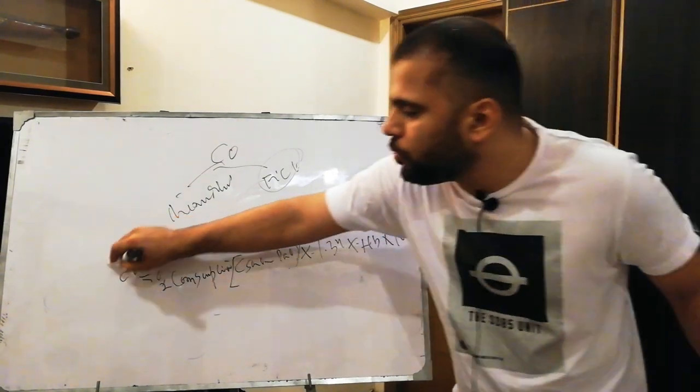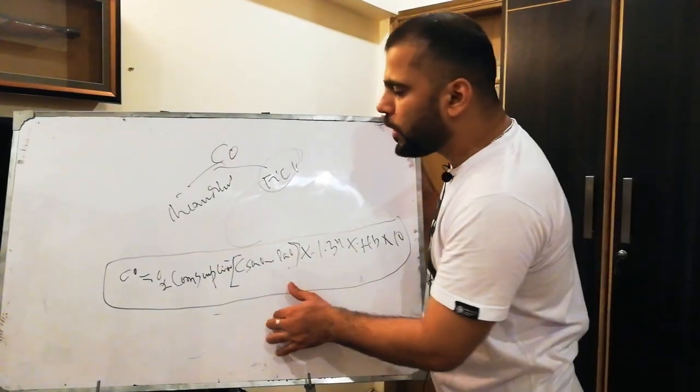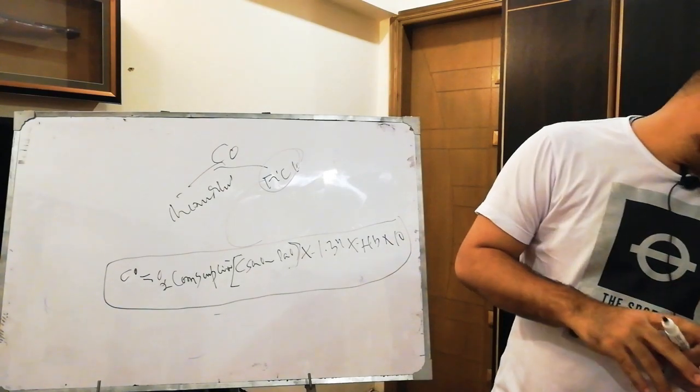So that is the formula, just jot it down in your notebook. This is the formula of the Fick method to calculate the cardiac output through right heart cath.